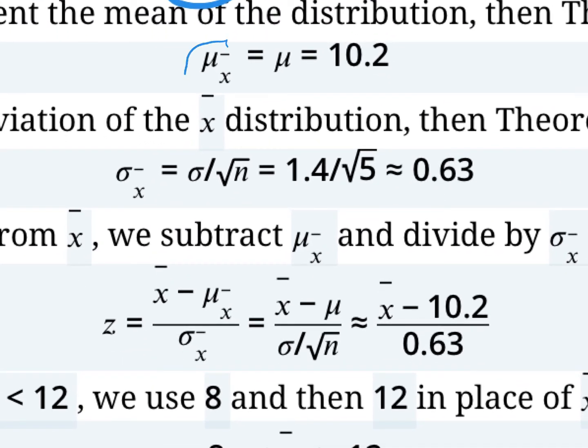The mean of x bar is actually the same as the mean of the x distribution. So 10.2 you don't have to manipulate. We can go into why, but think about it. If you add a whole bunch of numbers together, 10 of them, and you divide by 10, it's like adding 100 numbers together divided by 100. The mean's going to stay the same. Here's the difference, peeps, right there.